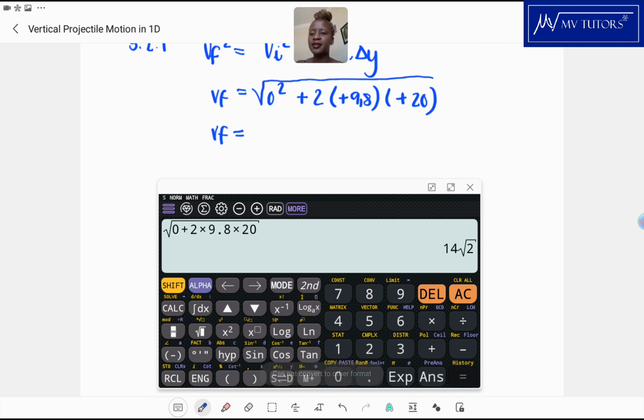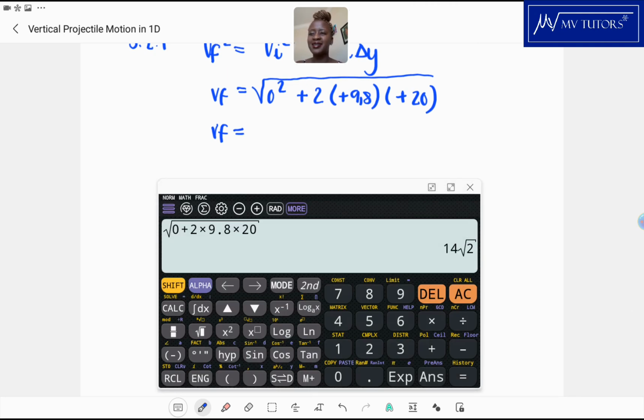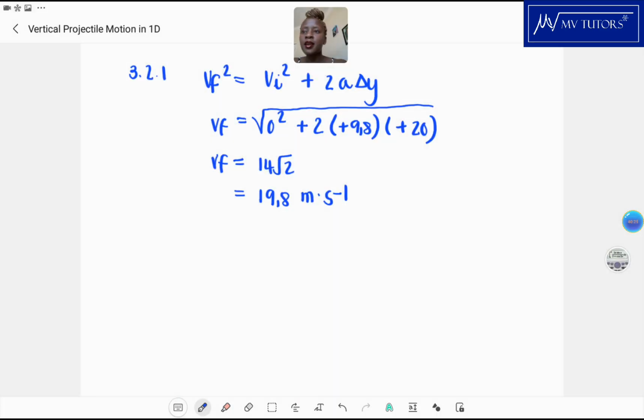Okay, what is happening? Okay, so it's 14 root 2. Let me just get the final answer proper. All right, so 14 root 2 is just 19,8 meters per second.